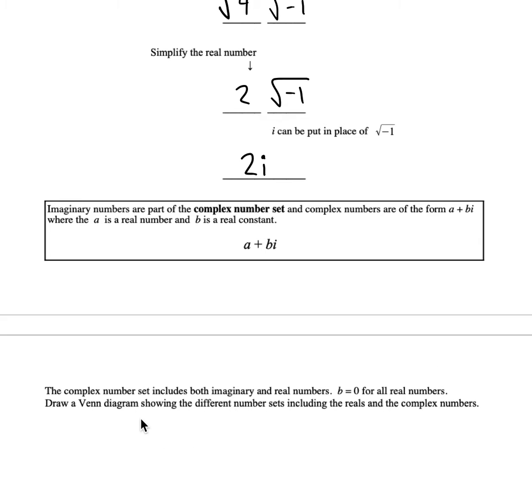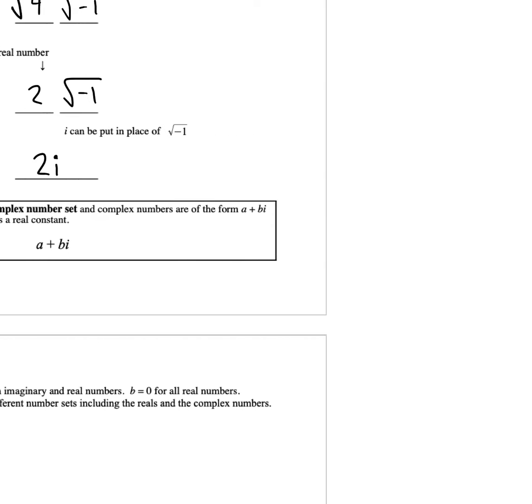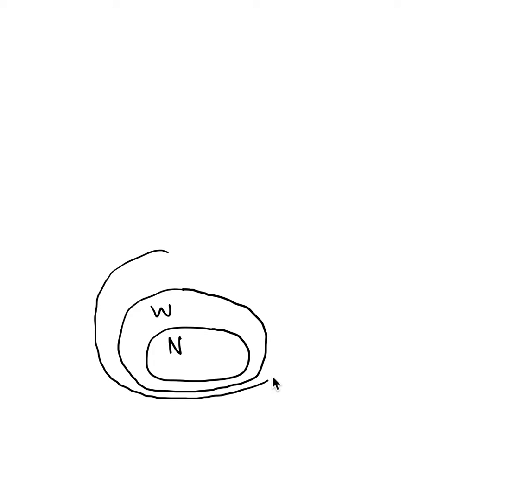If we draw a Venn diagram showing the different number sets, I'll draw the number sets on the right here. First we had the naturals. After that, we added 0 to it to make the whole number set. Negatives were added to make the integers.